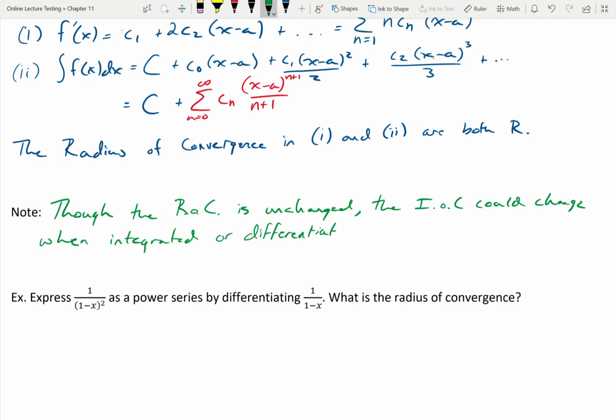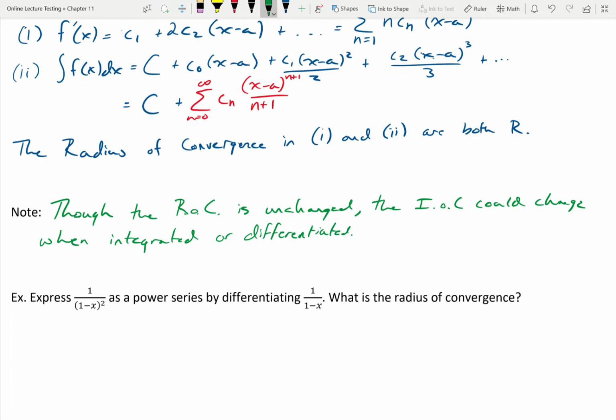So that's one thing to be careful of. But that's a good thing, is we already have our potential interval of convergence. The only thing you have to do is check the endpoints. So that's not a horrible thing to do, because then you're only checking two things and you're done. So nothing bad. So again, if you take the derivative or the antiderivative, the radius of convergence stays the same.